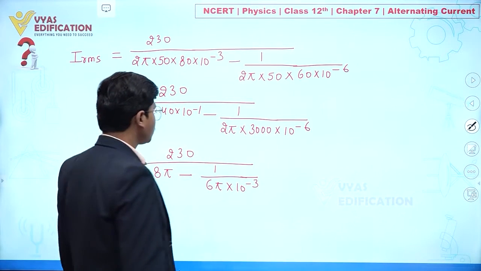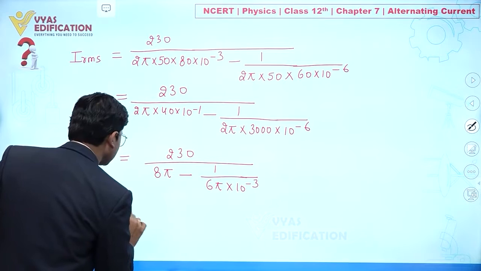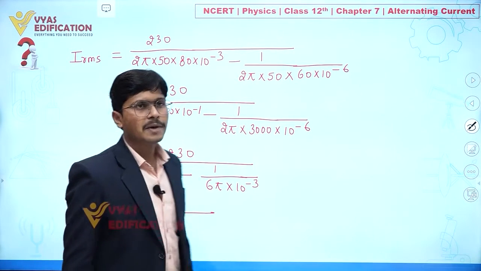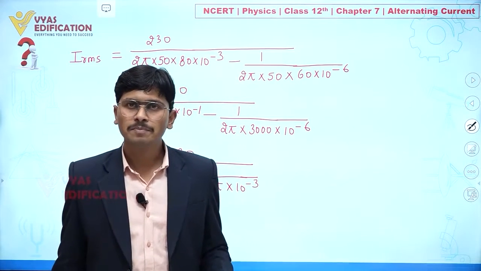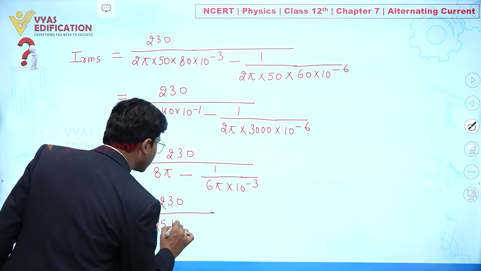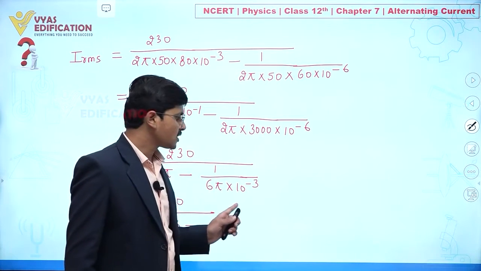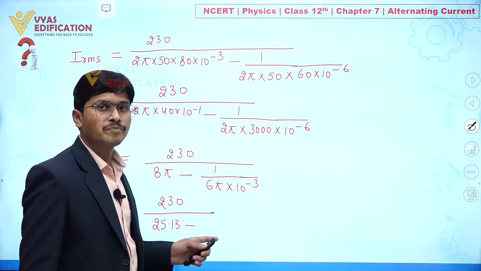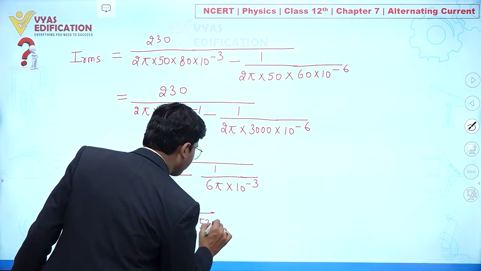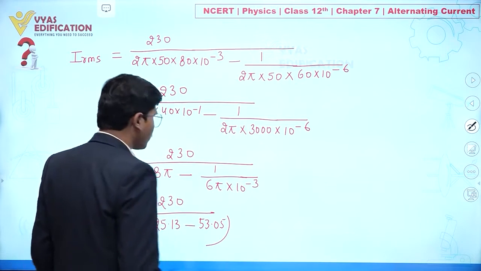You can also write this as 230 divided by 8 pi, where 8 pi is 8 into 3.14. Near about you will get 25.13, minus 1000 upon 6 pi, which is near about 53.05. Now if you solve it, you get 230 divided by 27.82.